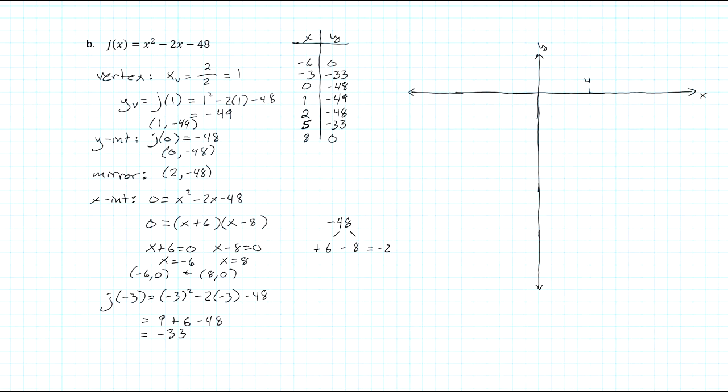Got 4, then 8's over here, so we've got that (8, 0) x-intercept. Negative 4, negative 8, so (-6, 0) is the other x-intercept. Then we've got the points.